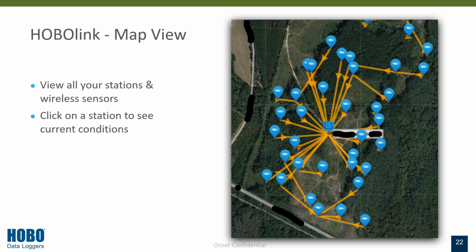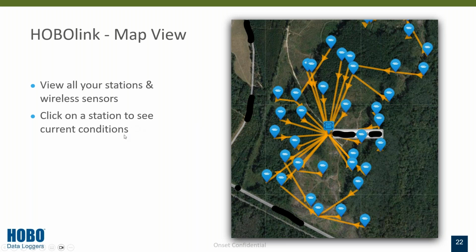They do work as a mesh network, so if there is one sensor that is further out than the 2,000 feet, it will send its data to the next sensor until it gets back to the station, allowing you up to 5 hops. So you can really get a wide coverage using these HOBOnet sensors.